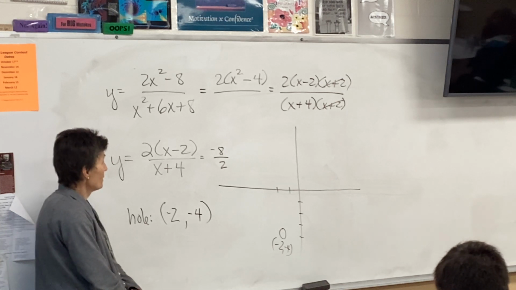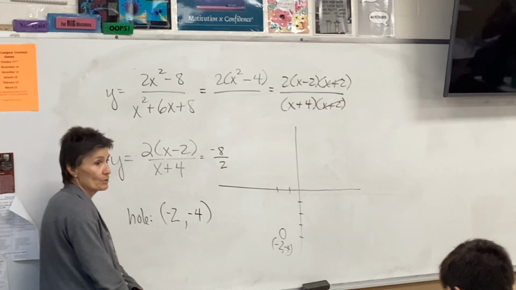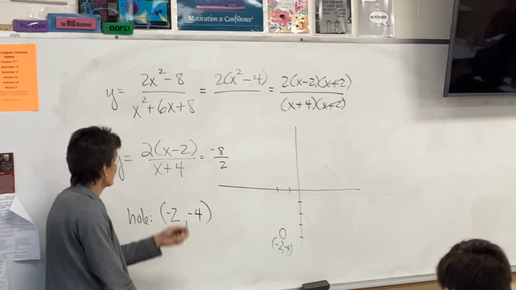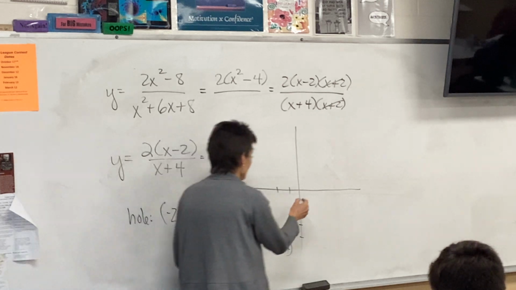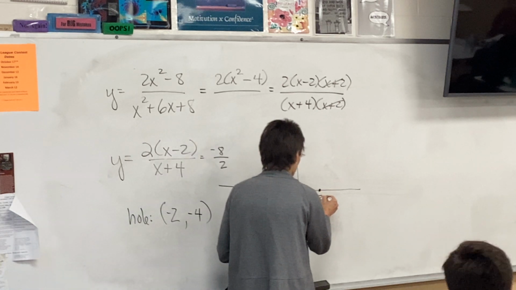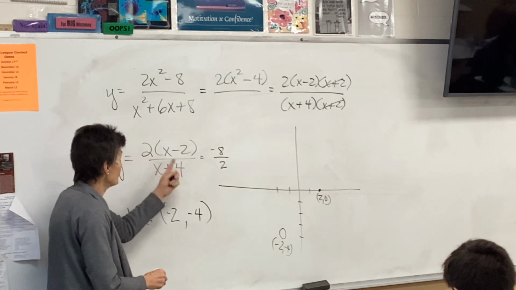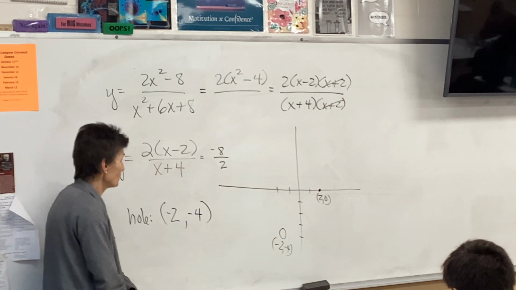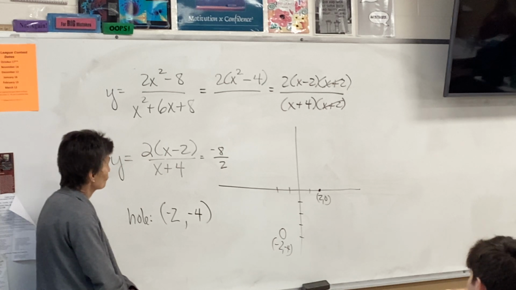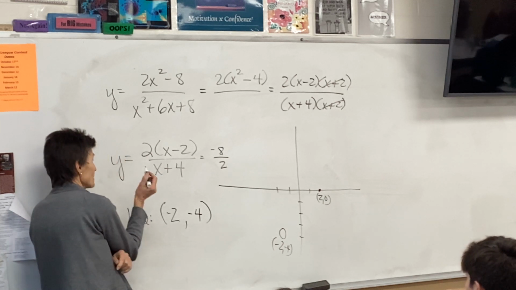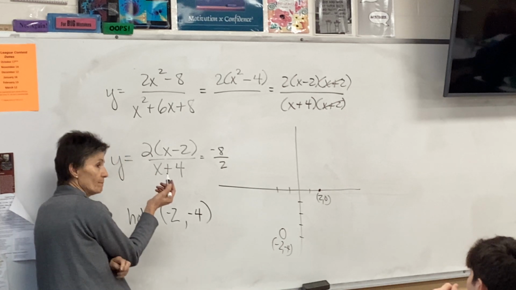All right, what else can I put into my picture? The x-intercept is +2. That comes from the numerator. So x is 2, alrighty. What else? The y-intercept. I need to figure that out. To get my y-intercept, I'm going to let x be 0, right?